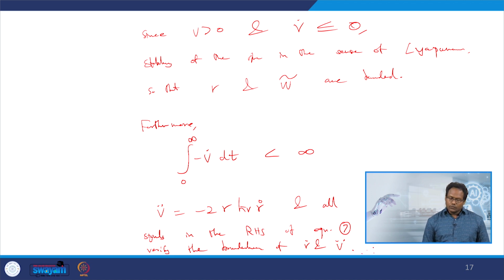Therefore, V dot is uniformly continuous. Thus, we can say V dot is uniformly continuous. Okay.